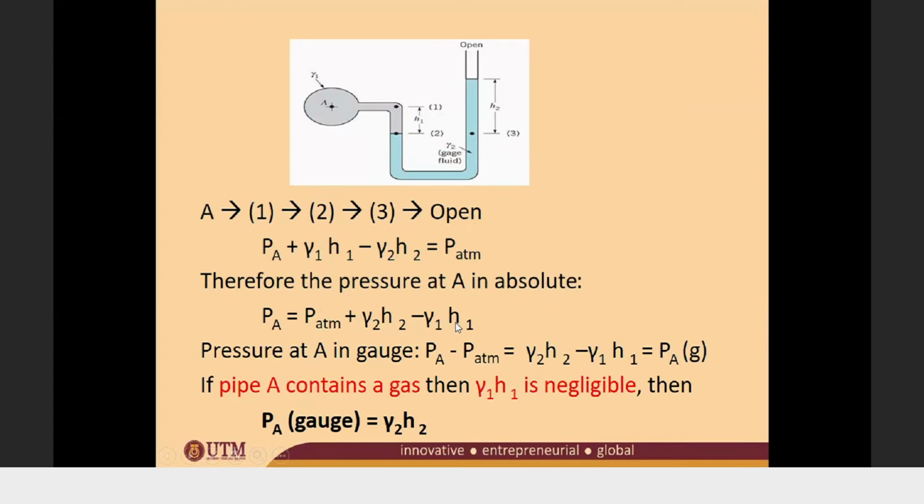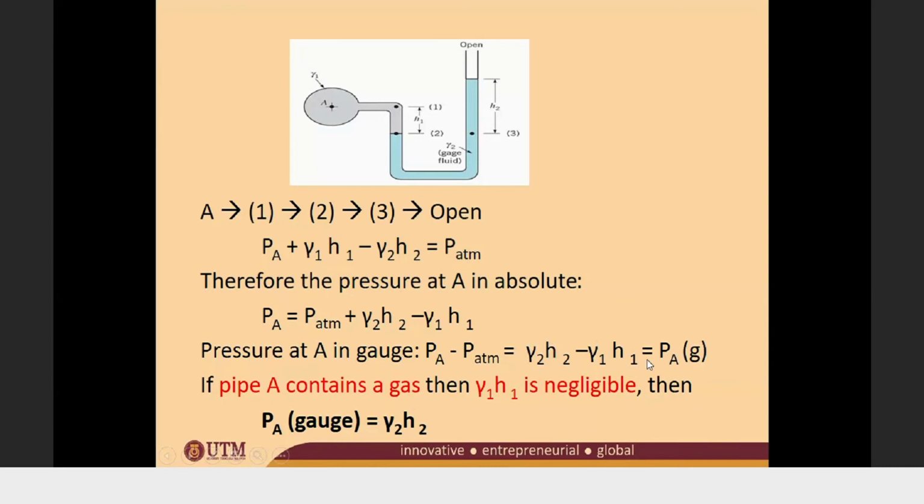If fluid 1 is gas, you can neglect the hydrostatic pressure, so gamma 1 h1 is 0. Then we get PA minus P atm equals gamma 2 h2.